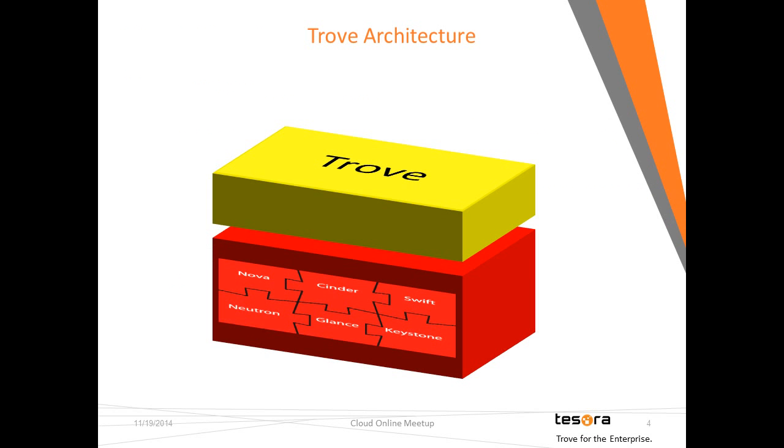It's important to understand a little bit of the architecture of Trove. We're not going to go into the architecture in great detail here. Trove is a project in OpenStack which relies on other services in OpenStack. Core services like Nova, which is compute, Cinder and Swift for storage, Neutron for networking, Glance for images, and Keystone for identity management.